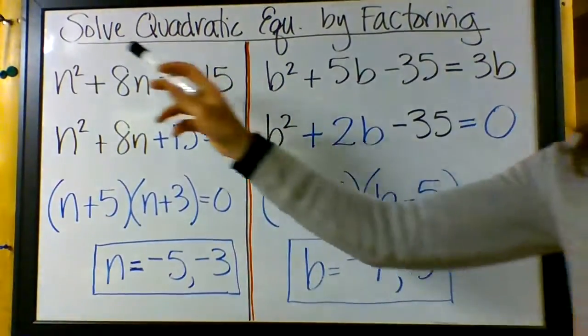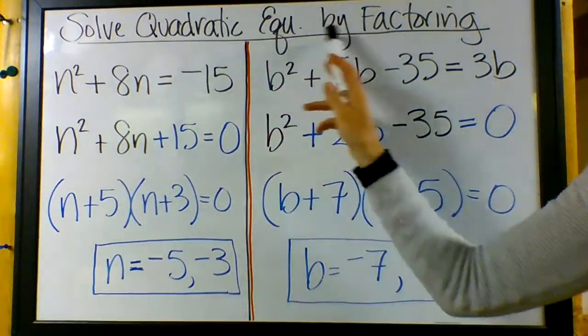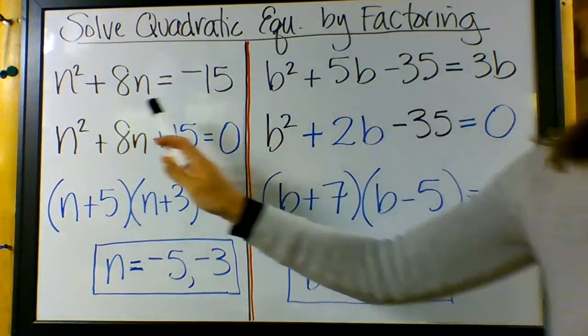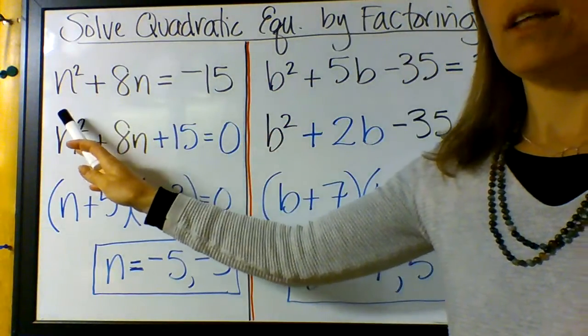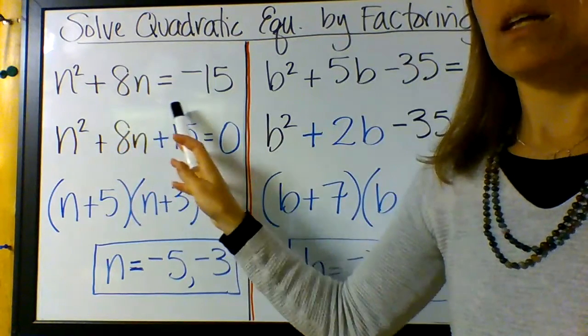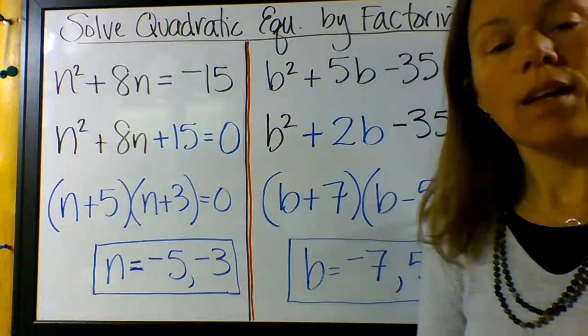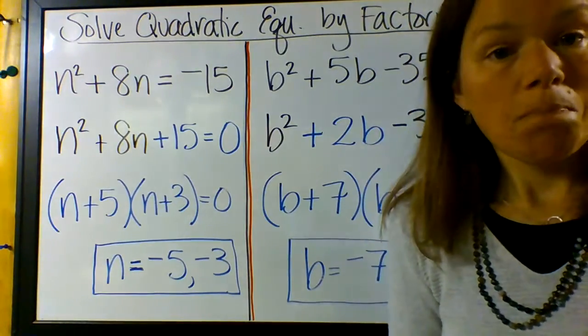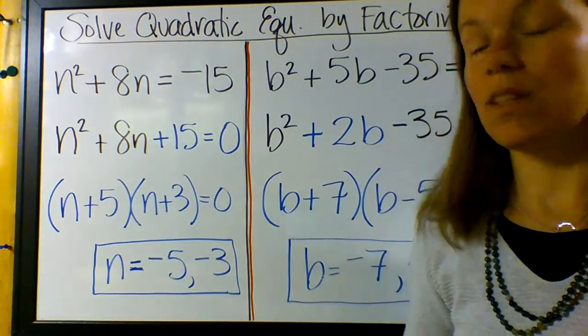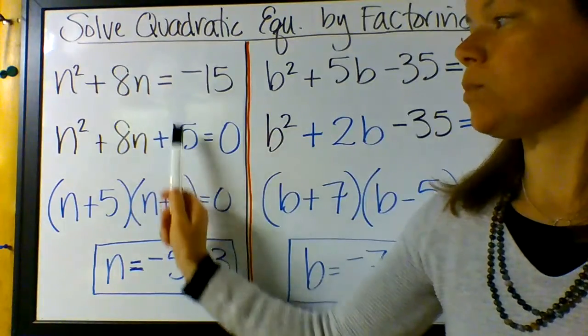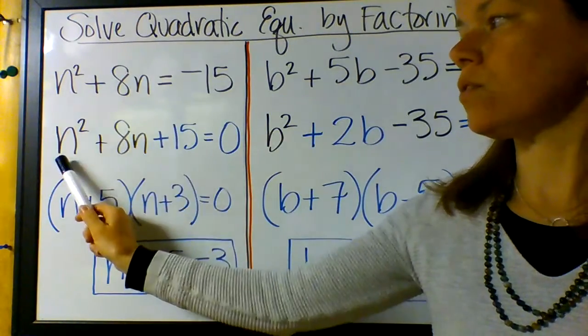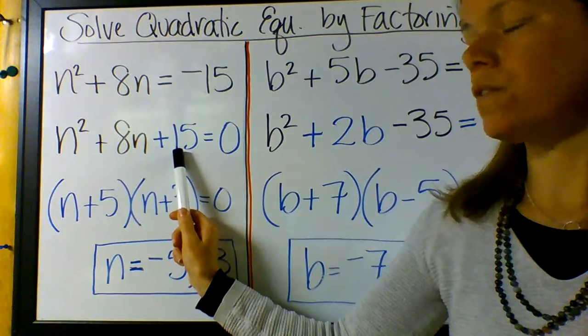Okay, so we're doing solving quadratic equations by factoring. Let's take a look at this example here. I've got n squared plus 8n equals negative 15. Now this is not an equation that equals 0, so let's make it equal 0. I added 15 to both sides, so I've got n squared plus 8n plus 15.